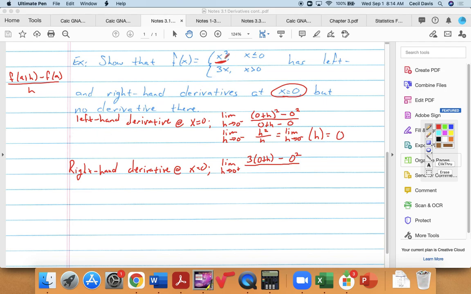So we have to use the squared part. That's going to be a big deal on some problems. All over 0 plus h minus 0.